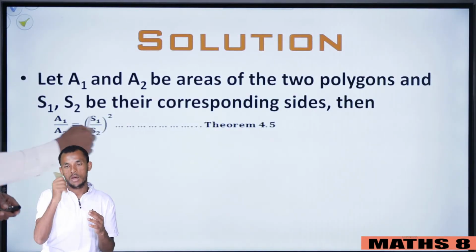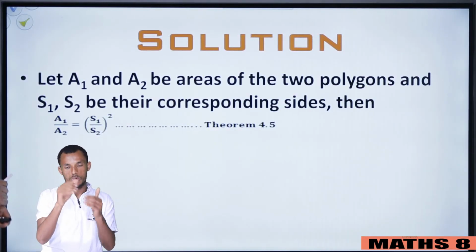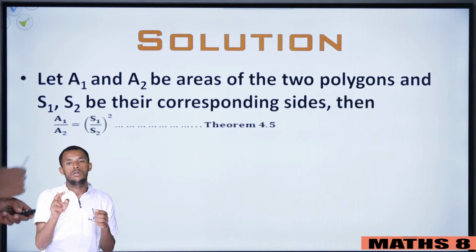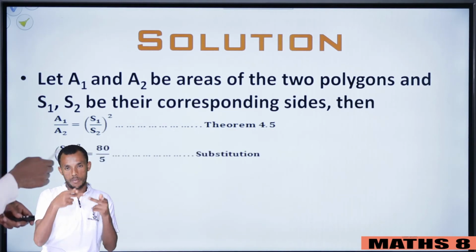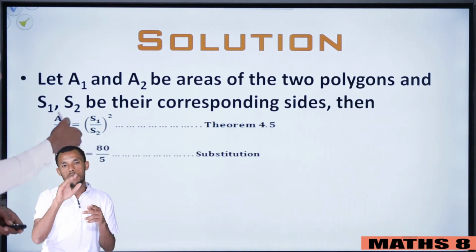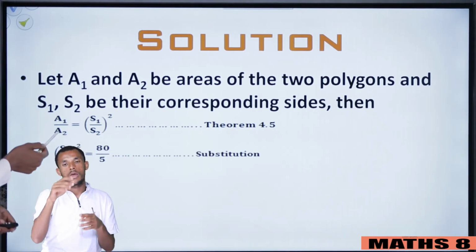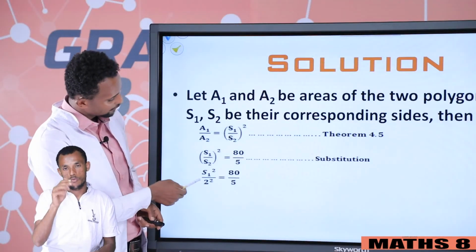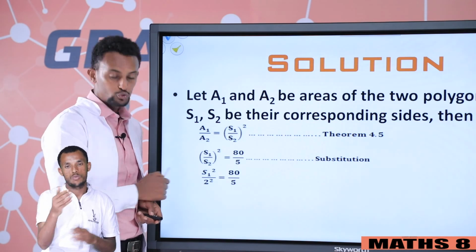So A1 over A2 is equal to S1 over S2, the whole square. In place of A1, 80, the value of A2 is equal to 5, and the value of S2 is equal to 2.